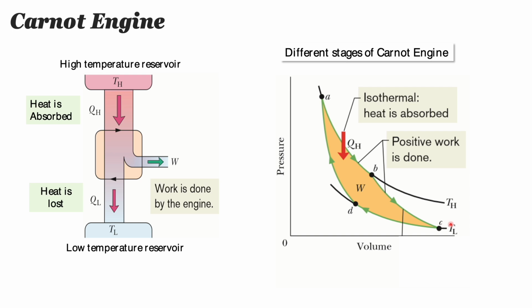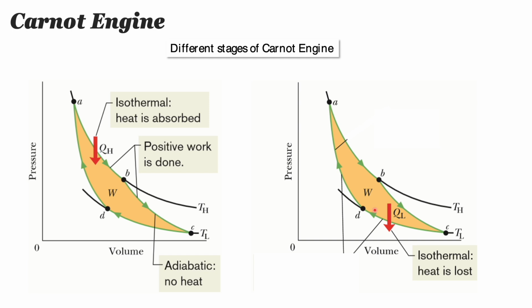Now from here, we start to bring our system back to the initial state. Also remember that since the gas is being compressed, the work done should be negative. After this point, the pressure is further increased very fast and significantly to this value, but during this process we have not allowed any transfer of heat to take place.